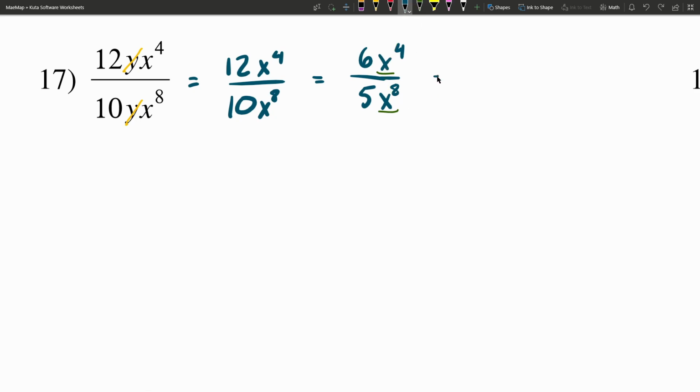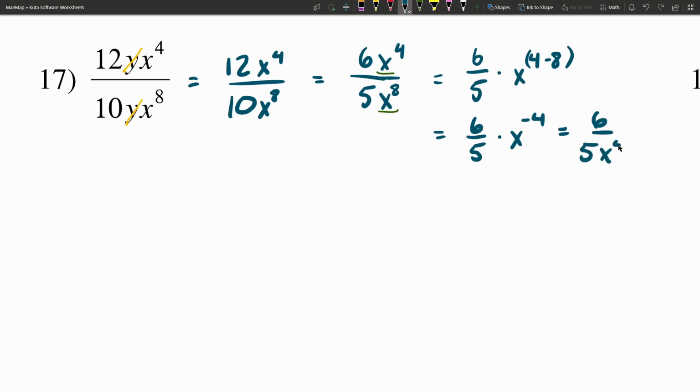So I'm going to have 6 over 5 times x to the 4 minus 8, which is going to be 6/5 times x to the negative 4, which is equivalent to 6 over 5x to the 4th, when I write that negative exponent as a positive.